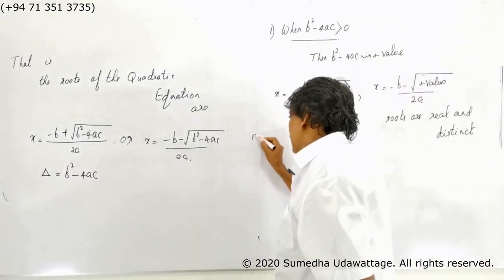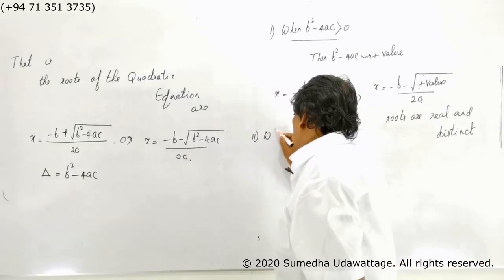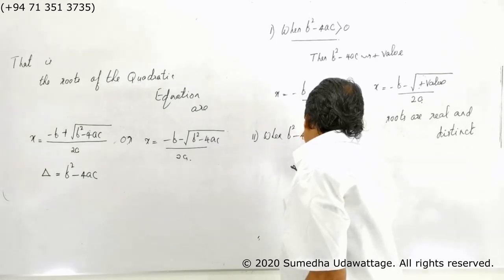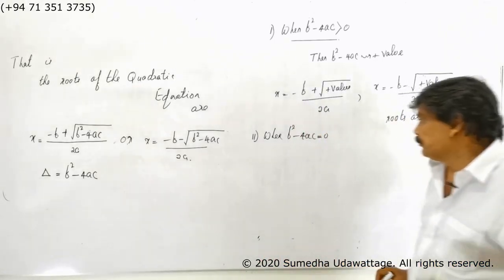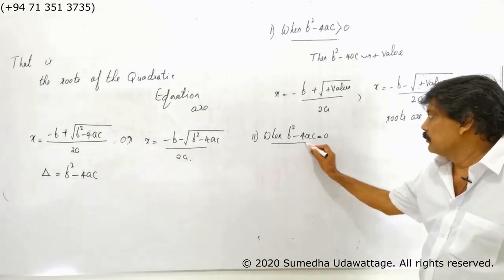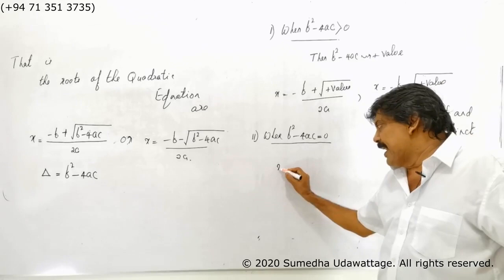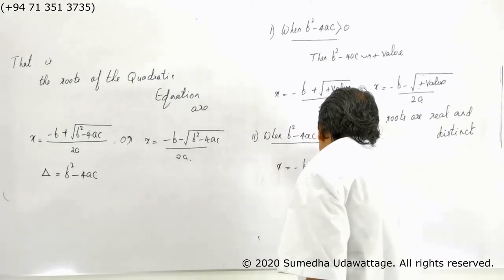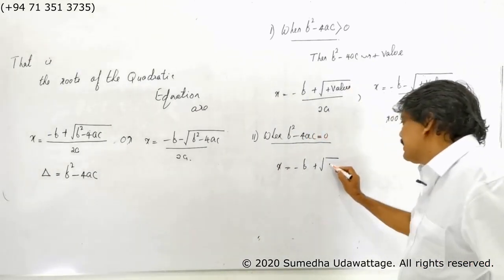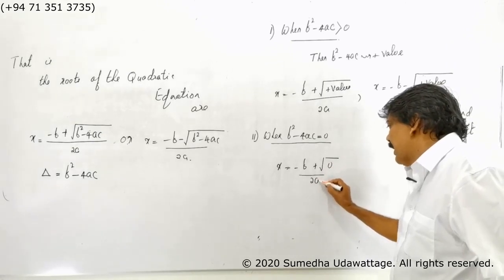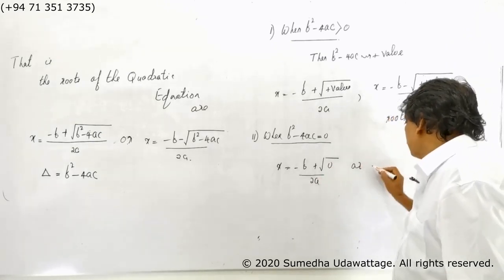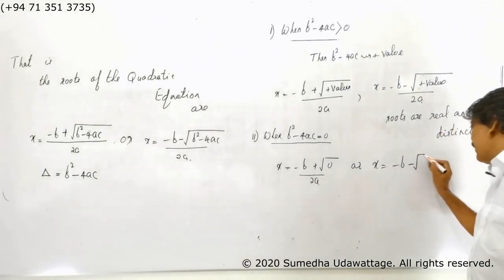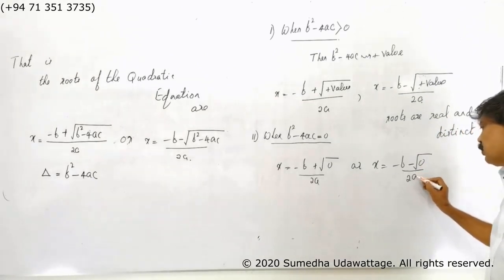Then we take the second option. When b square minus 4ac is equal to 0, the roots will be x is equal to minus b plus square root of 0, divided by 2a, or x is equal to minus b minus square root of 0, divided by 2a.